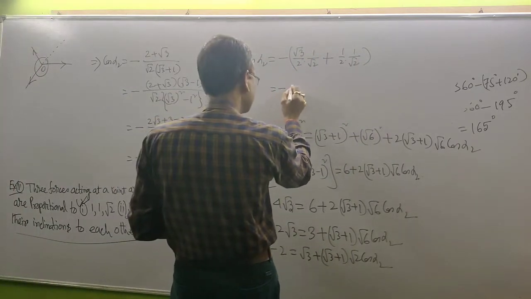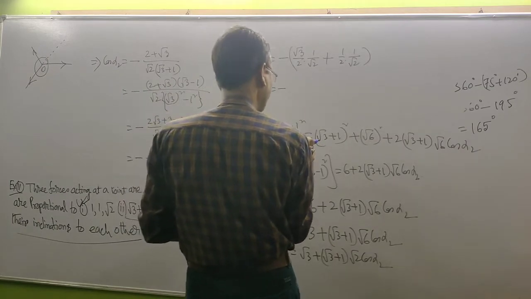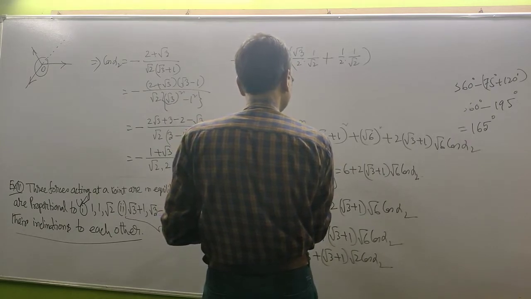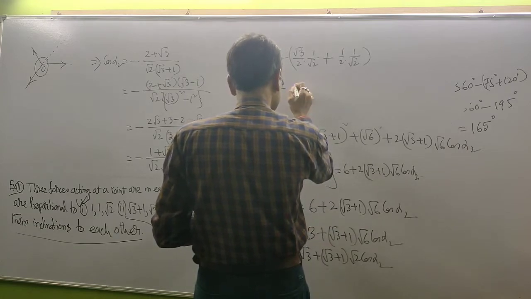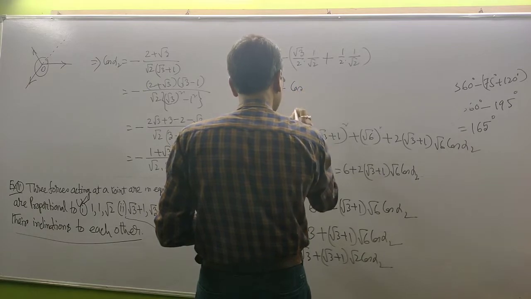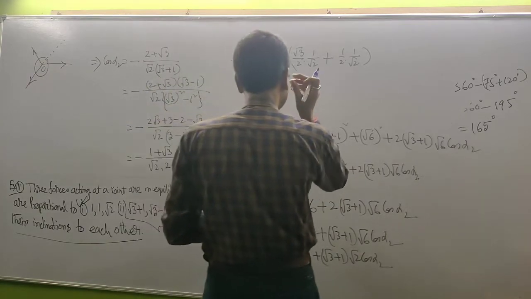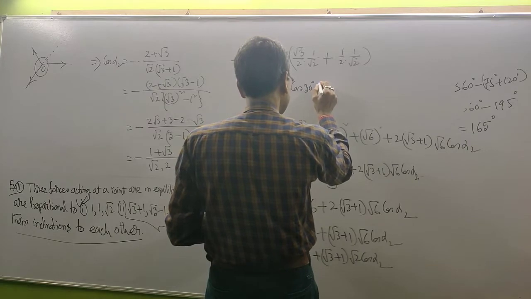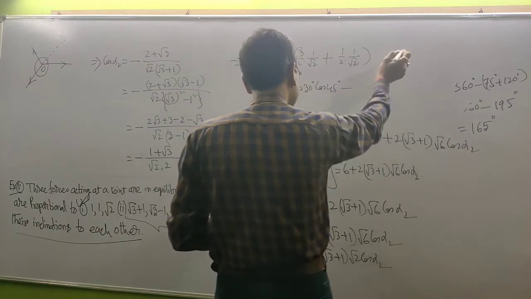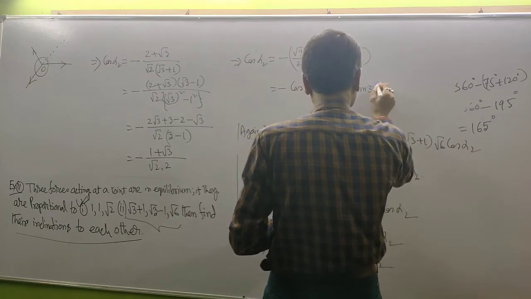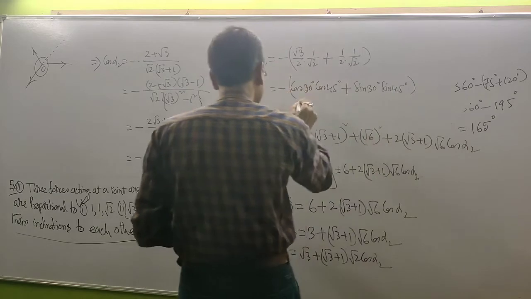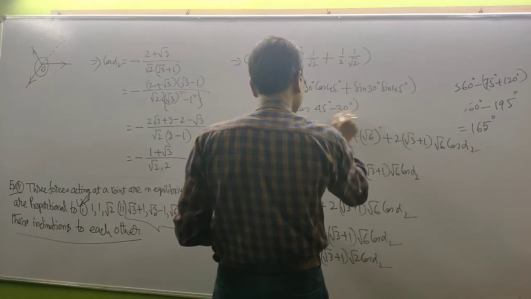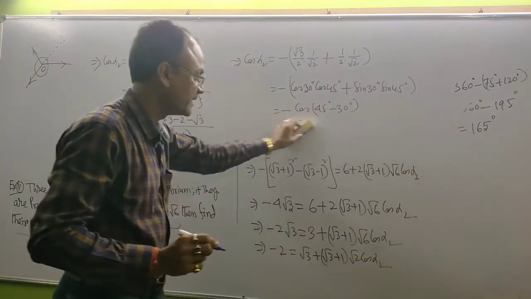This is equal to minus cos of 30 degree cos of 45 degree plus sin 30 degree sin 45 degree, which should be equal to cos A cos B plus sin A sin B, cos A minus B, 45 degree minus 30 degree.